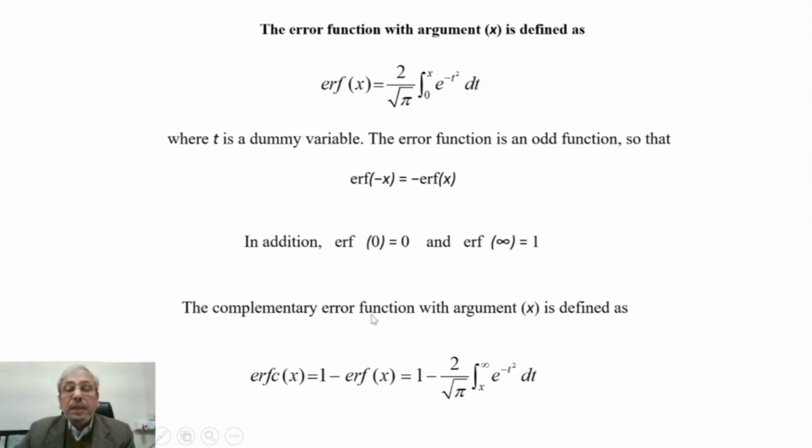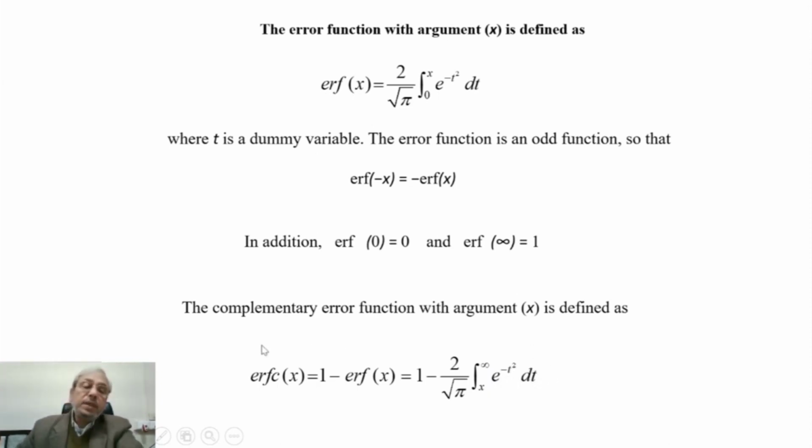The complementary error function with argument x, erfc x, is defined as 1 minus the error function of x. So this is basically 1 minus 2 by root π integration x to infinity e to the power minus t² dt.